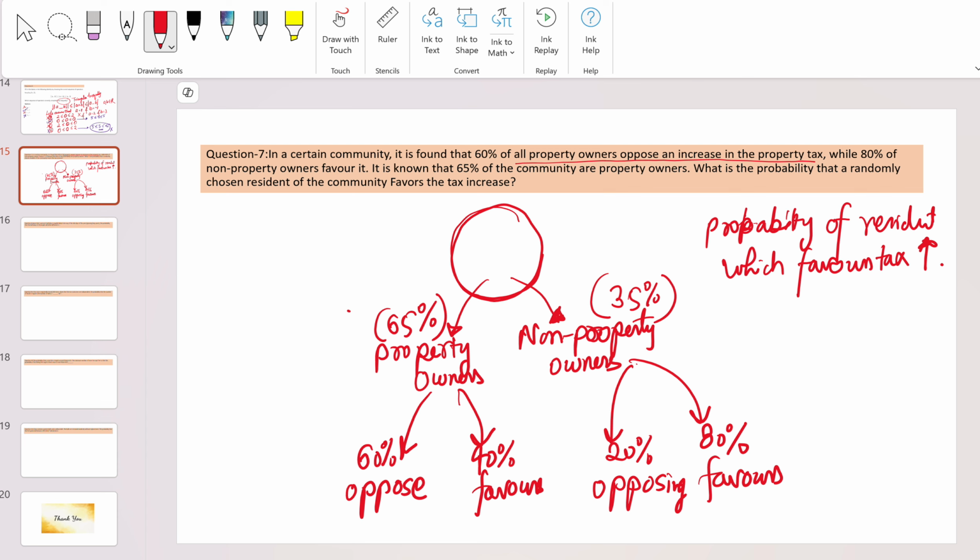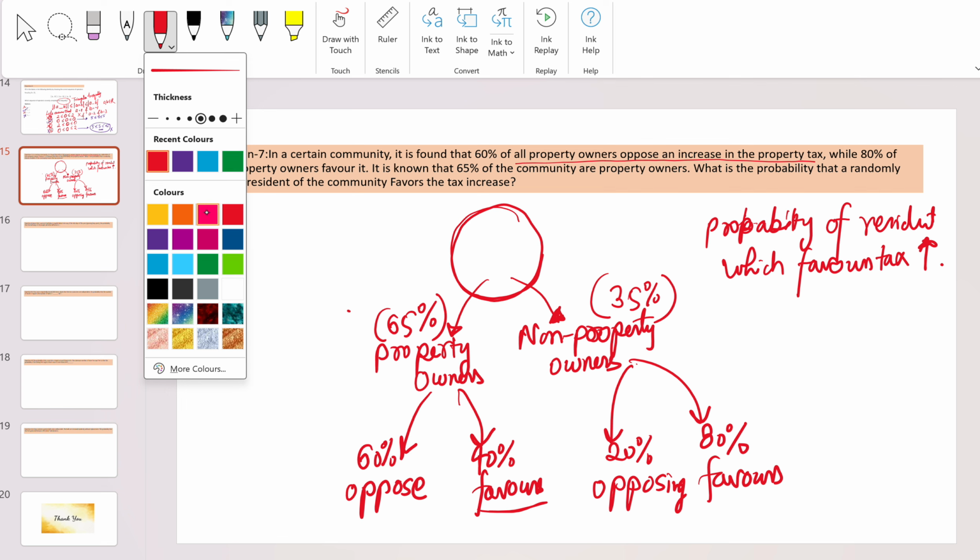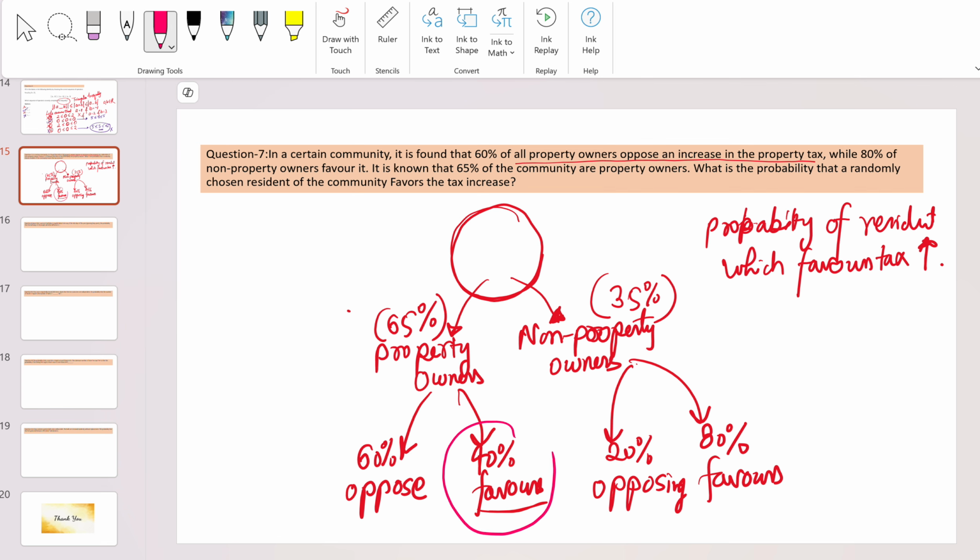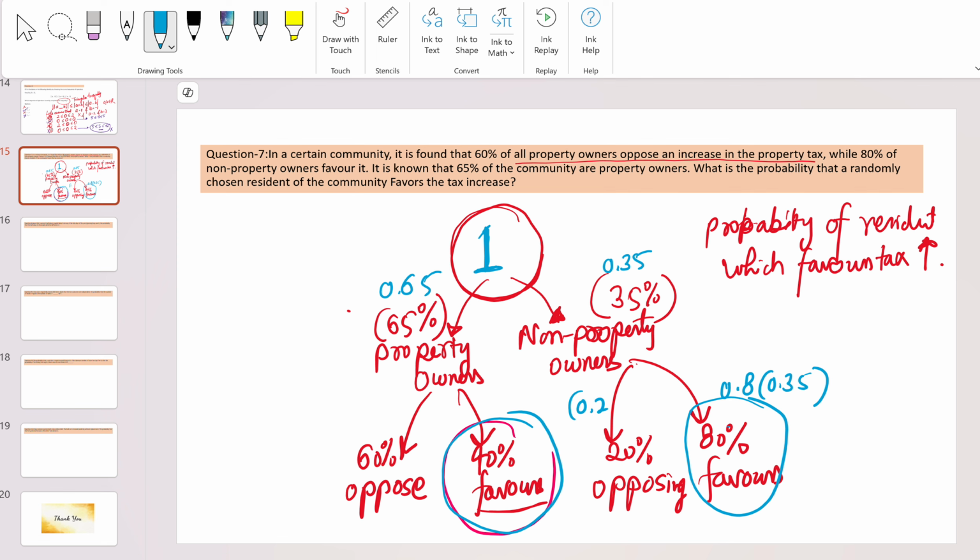Okay, this is a part of favoring taxes, so this is the favoring taxes part. Okay, and this is also favoring tax. Suppose this is 1 simply, so it will be 0.35 and this is 0.65. And what about this? This is 0.8 times 0.35 and this is 0.2 times 0.35. And what is this?